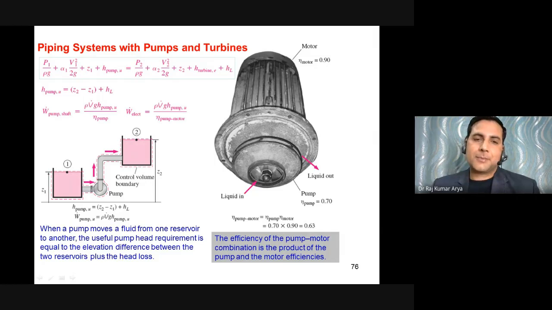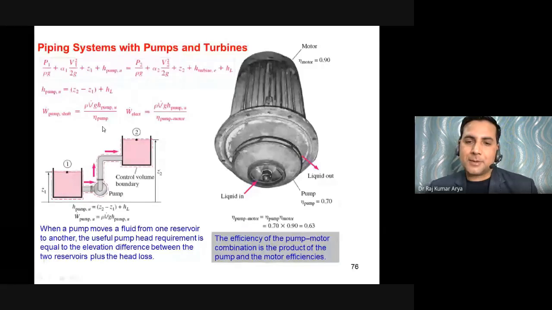Or by chance your electrical motor power is excessively high, so the pump gets excess power that it cannot survive, actually it cannot transmit that much energy to the fluid. Again, in that case your pump will burn. So you have to make a combination of the two very carefully. Fine.